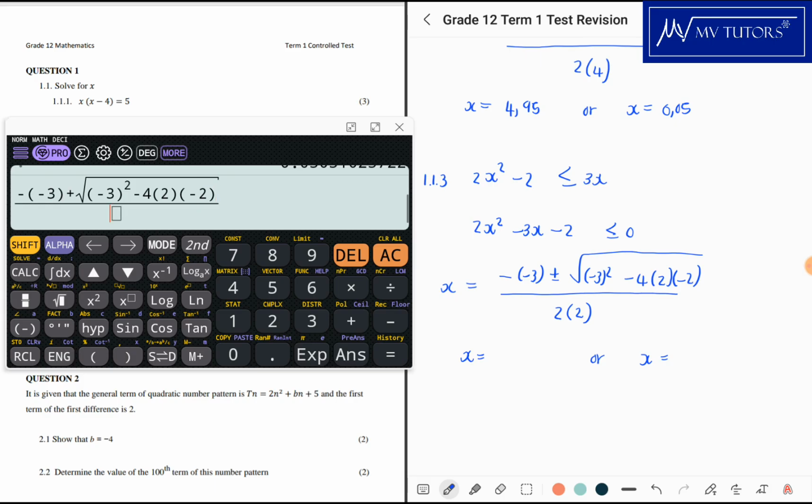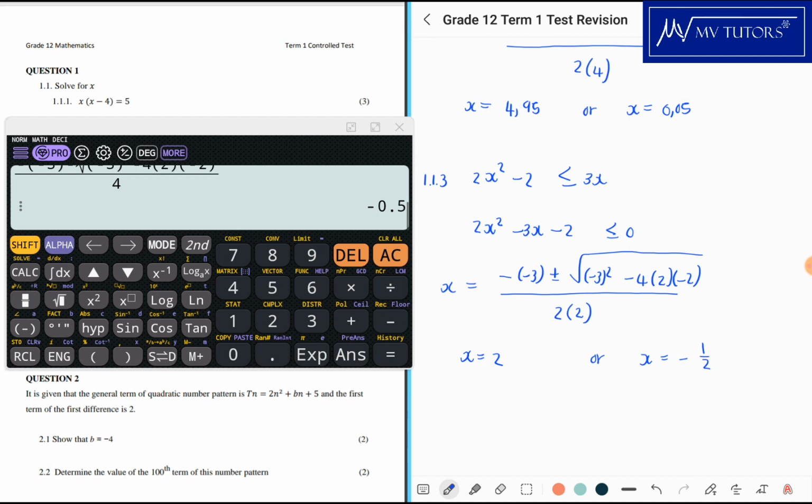All right, and divided by 4. So we get x is equal to 2, or x is equal to, if I use the negative portion, negative a half. So yeah, we have 2 and we have negative a half.